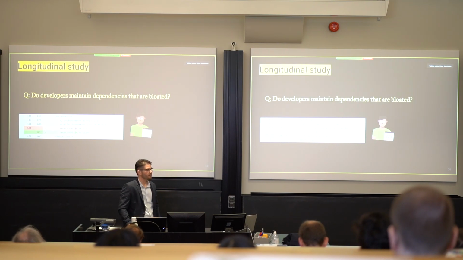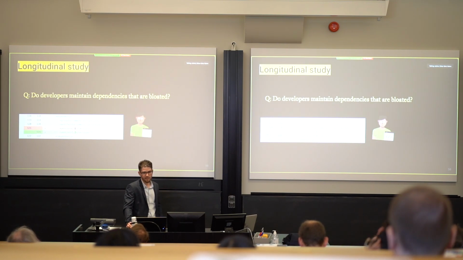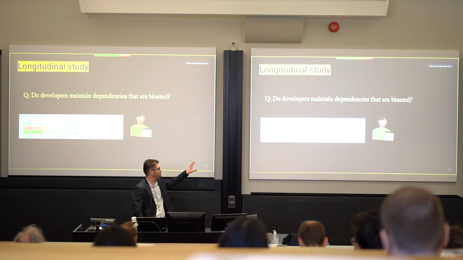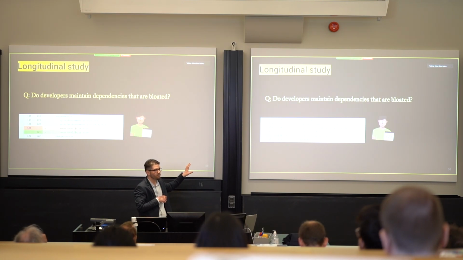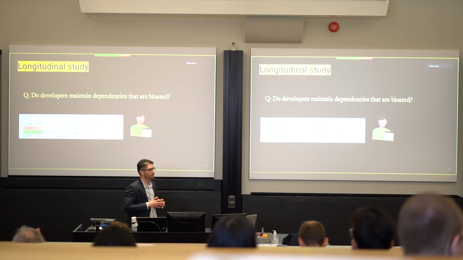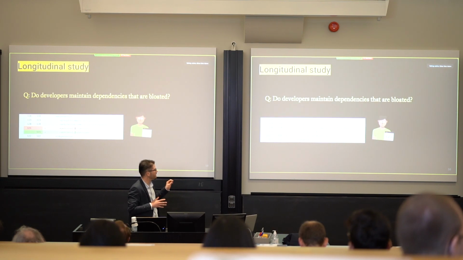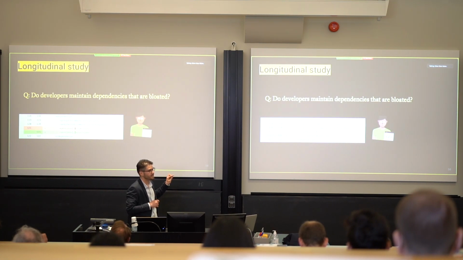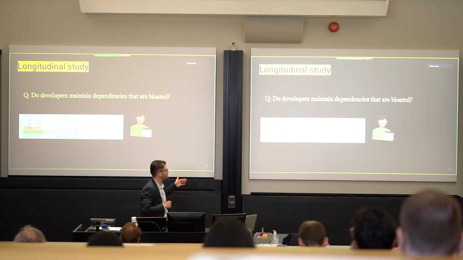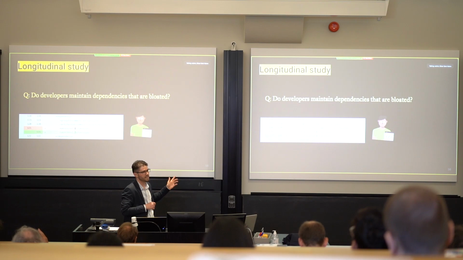And then we address the second question, which is, do developers maintain dependencies that are bloated? In order to answer this question, we analyzed a specific maintenance task performed over dependencies, which is updating the version of a dependency. In this case, we focus on commit diffs that change the version of the dependency. Here, it is the update of commons-io, a dependency, from version 2.6 to version 2.7.